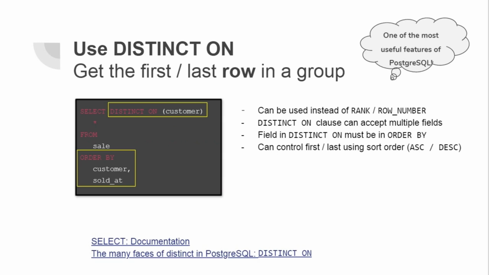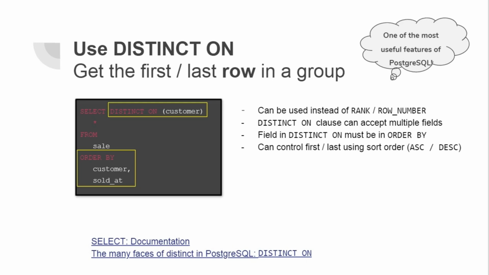So this is also one of my personal favorite things that I discovered when I switched from Oracle to PostgreSQL. One of the more challenging queries to write, especially, by the way, in job interviews, is finding the first or last row in a group, okay?